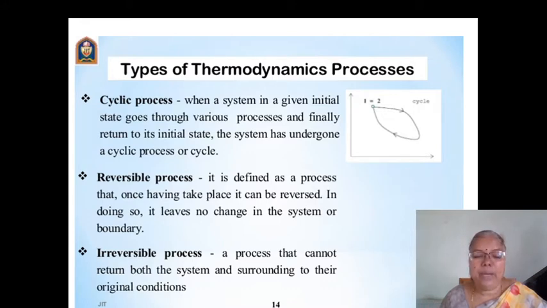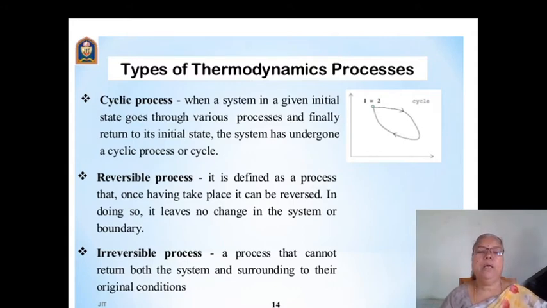I repeat, if the change is produced rapidly and the system is not in pressure and temperature equilibrium with its surrounding, then the process is called irreversible. Irreversible processes are unidirectional, natural, and spontaneous processes.